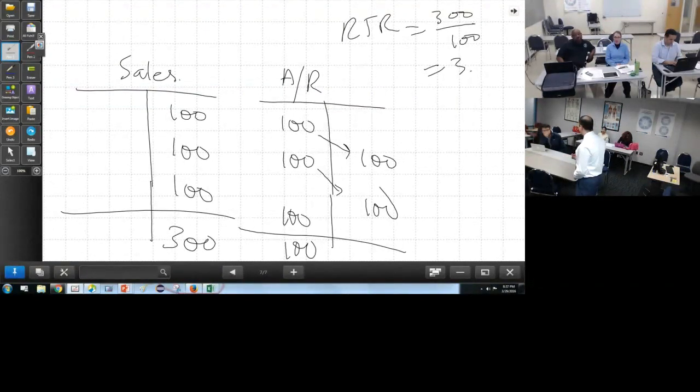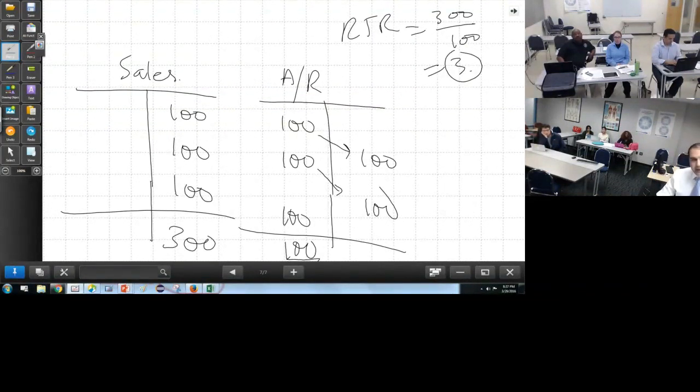Make sense? I think you can consider that $300 is just 1 year, right? That's the entire year. But at the end, we have a $100 balance in the, sorry, the receivables. The others have been collected. Okay? So, the larger this number, the better you are.